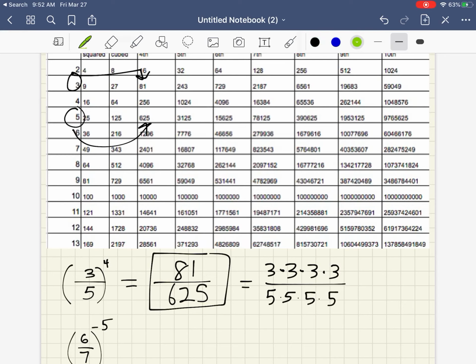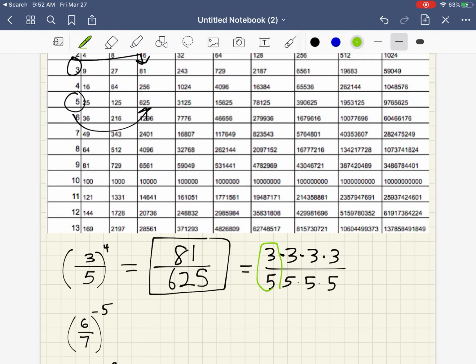I'm not adding in any new factors. So if 3 over 5 can be reduced, then each of them can be reduced. So it's really important that you decide that the fraction is reduced first before you raise to the exponent.